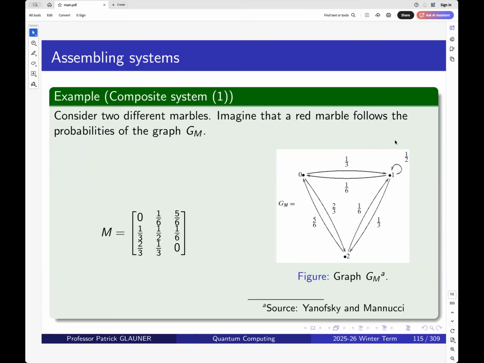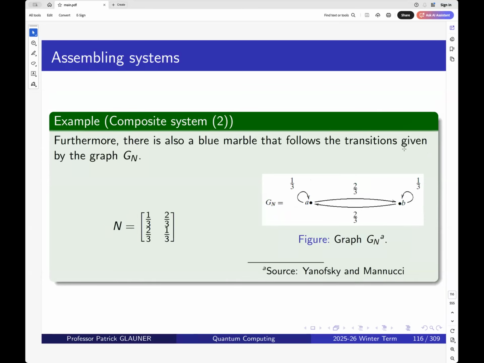And how do I build this? Actually, it's fairly easy. So I have a transition from 0 to 1. The probability is 1/3. I have a transition from A to B, which is 2/3.